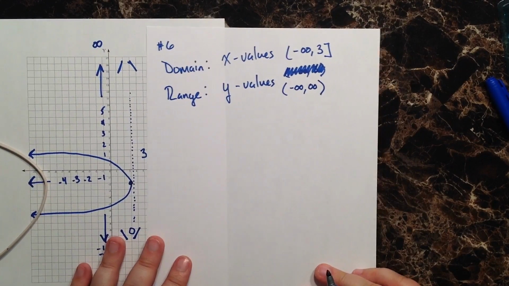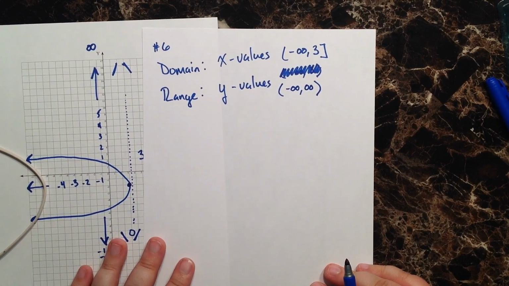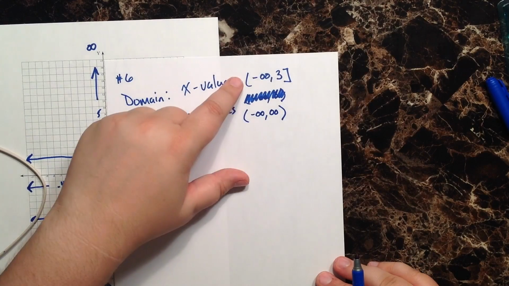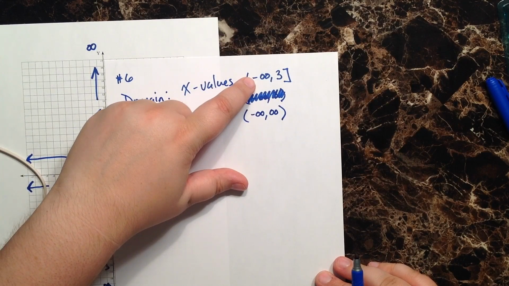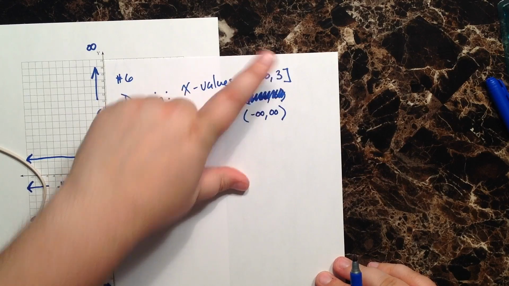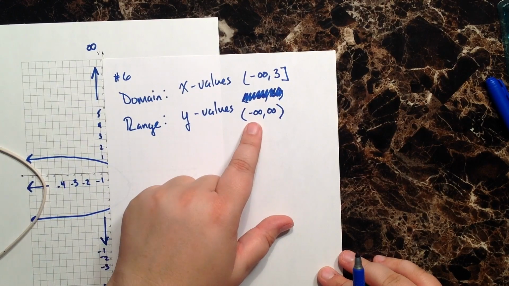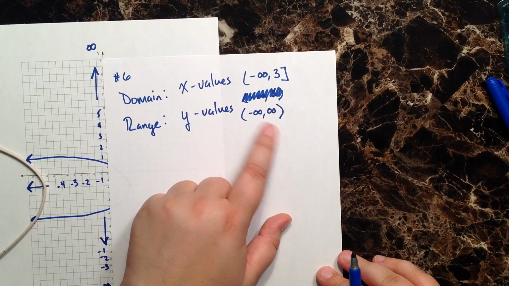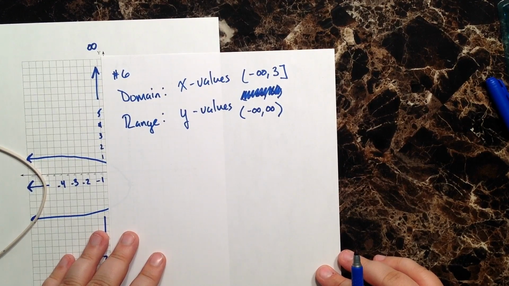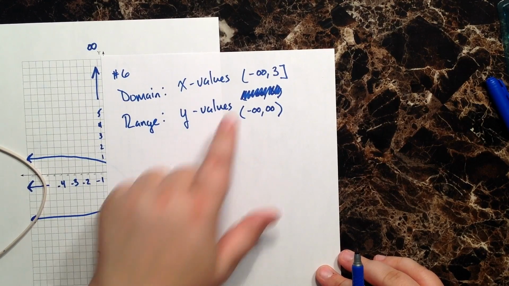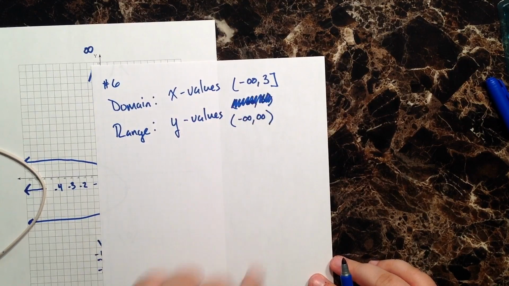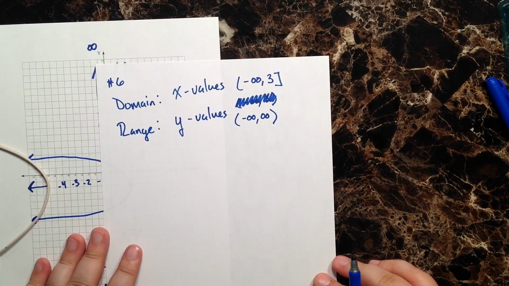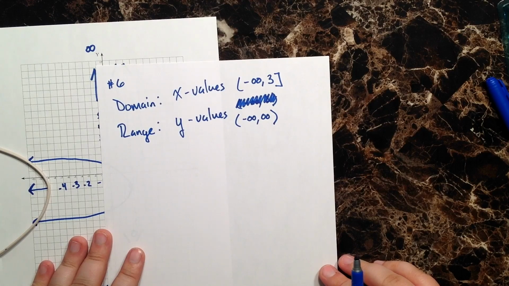And so our range is negative infinity, positive infinity. And generally speaking, we always write the smaller number first and then the larger number second. Well, negative infinity is certainly smaller than positive infinity, and again, negative infinity is smaller than positive 3, and so we write it in smallest to greatest order.